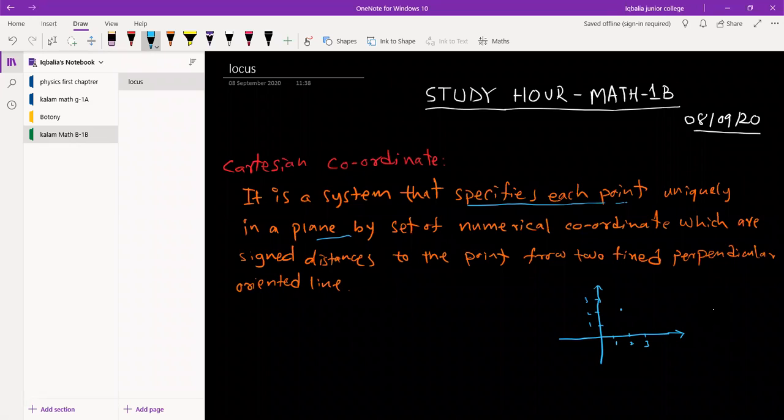You can see that this line and that line are specifying where the point exists. I can say this point, suppose its name is P, is 2 units upside and 2 units along the x-axis.